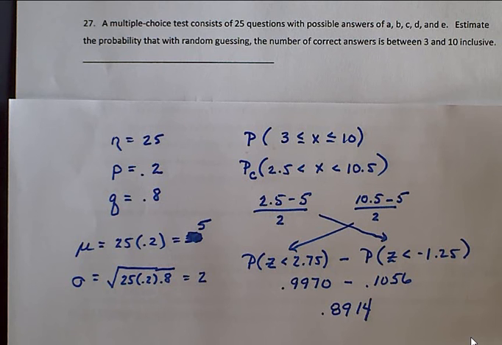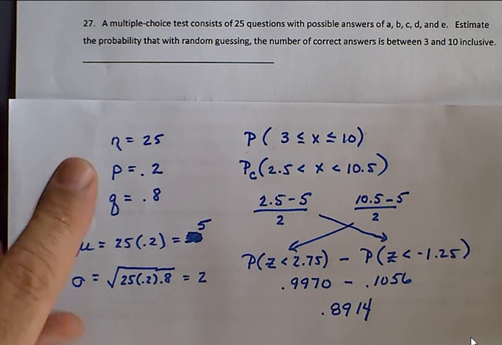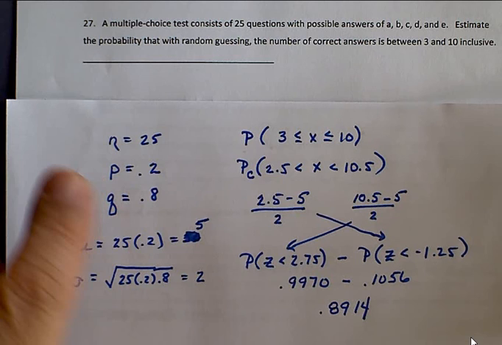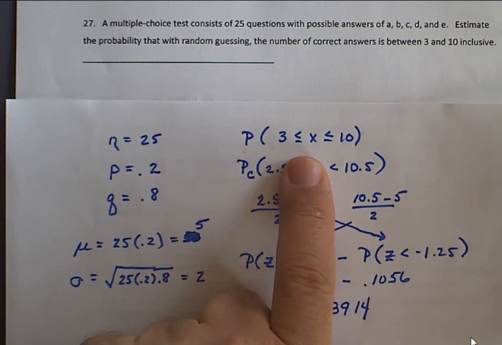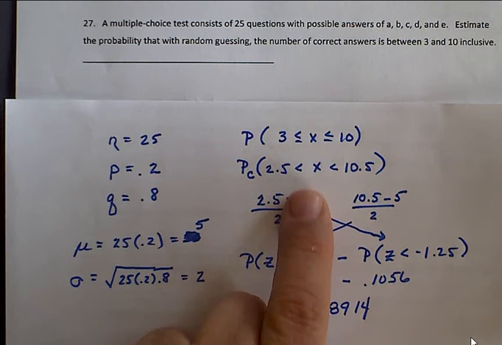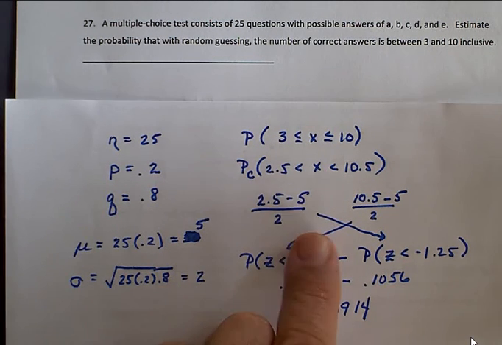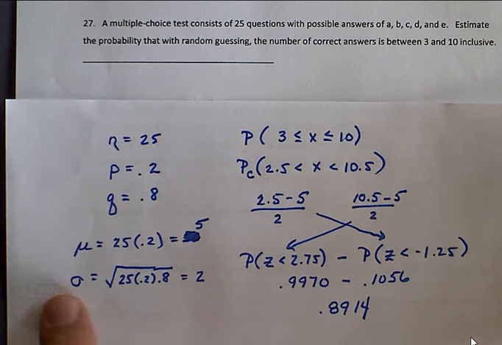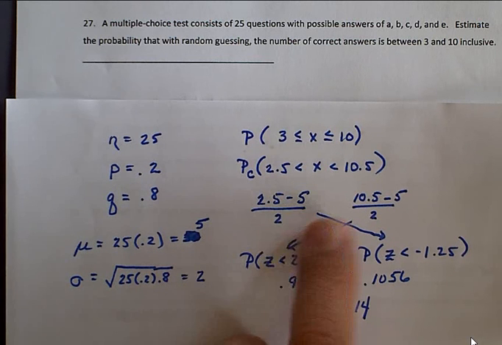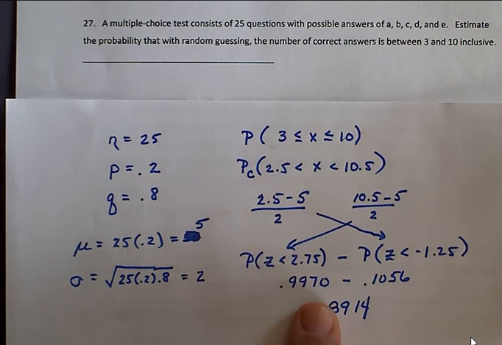Find and designate your NPQ values. Look at the probability that you're being asked to find and correct it. Find mu, find standard deviation, plug into your Z formulas. And then again, is it a between? Is it a greater than? Is it a less than?